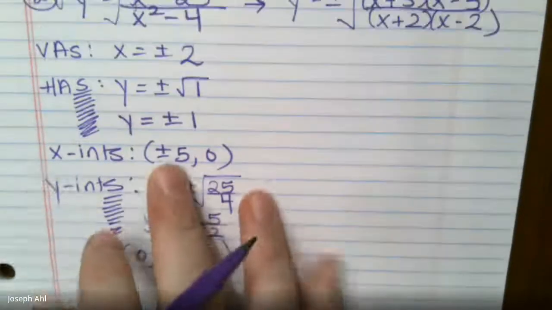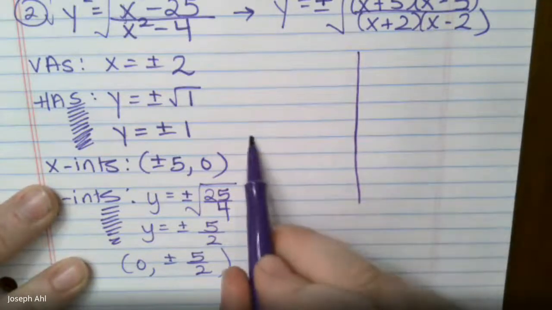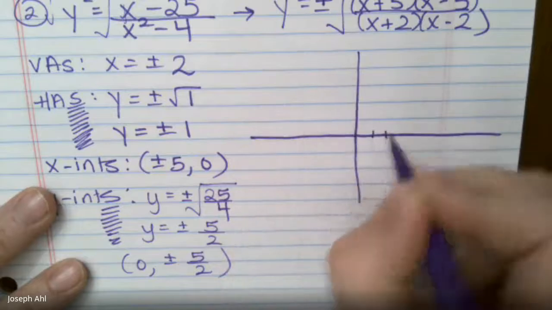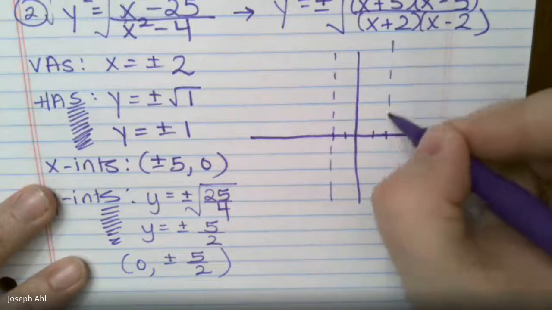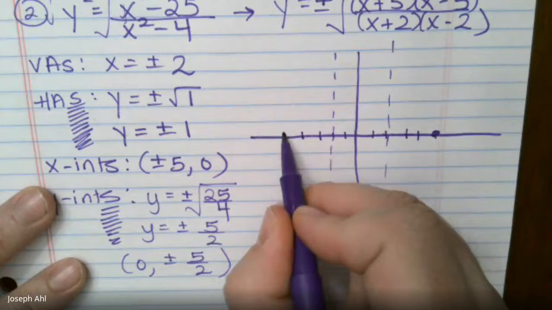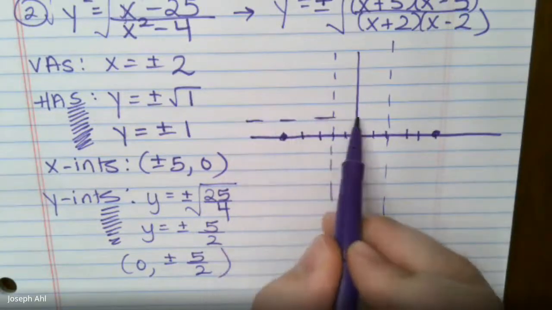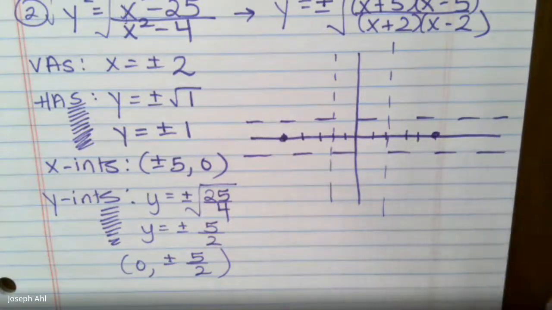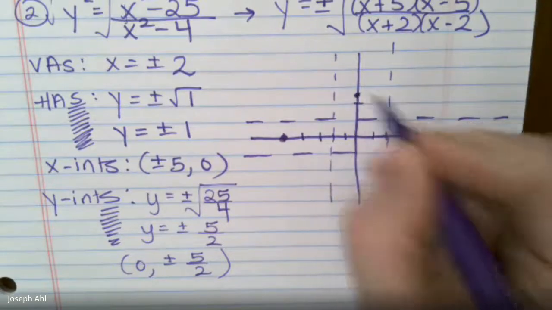So to include both of those, let's go ahead and make our sketch over here. We've got vertical asymptotes at 2 and then -2. If you go out to 5 and -5, that's where the x-intercepts are. Horizontal asymptotes at y equals 1, y equals -1, and y-intercepts at plus or minus 5 halves, which would be 2.5, right?